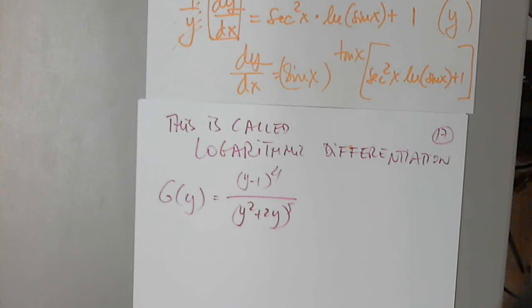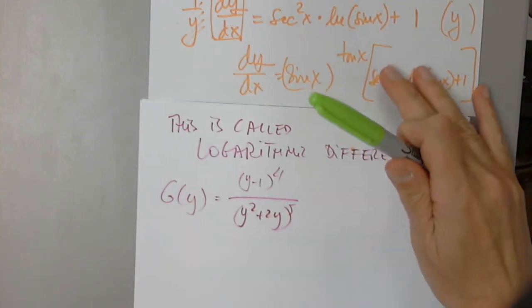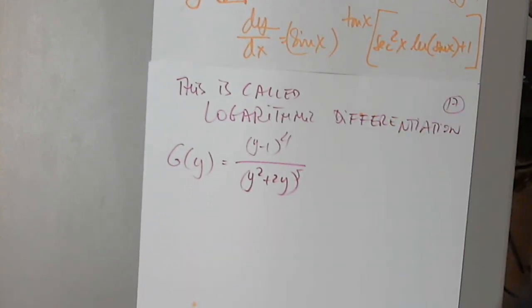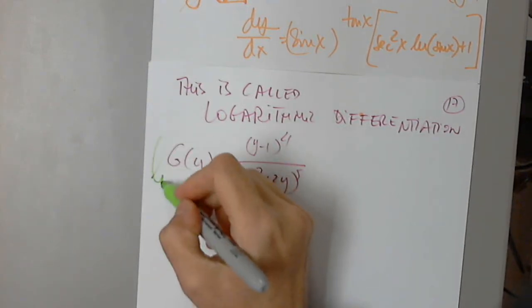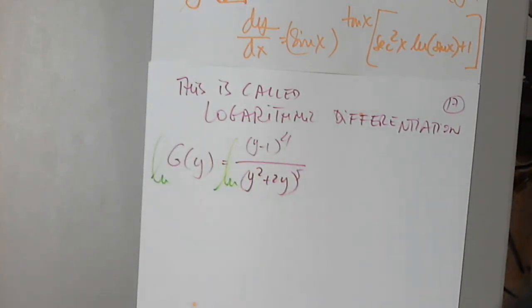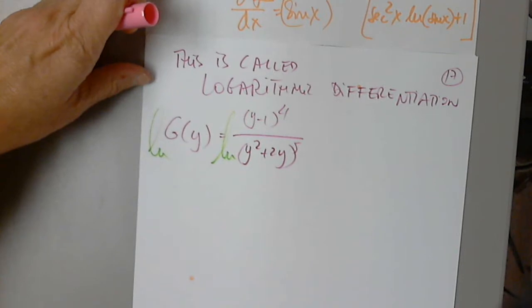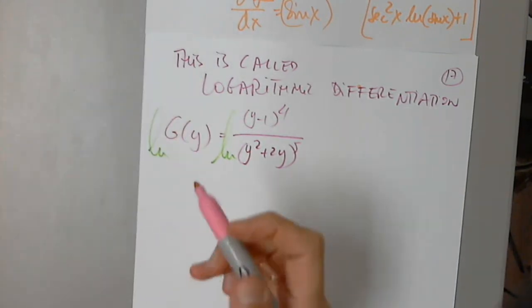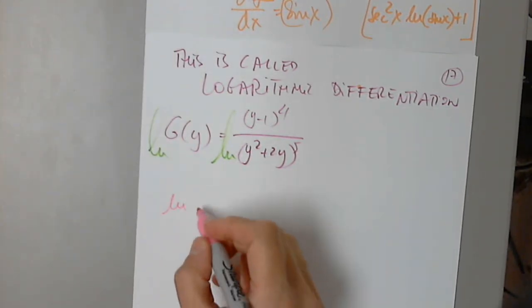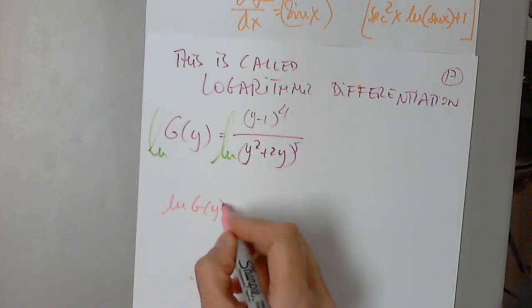And let's say I don't want to differentiate using the quotient rule, but I want to apply natural log to both sides. Let's see what happens. So this is another application of logarithmic differentiation. The left-hand side is natural log of g of y.